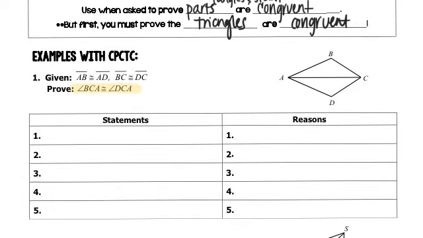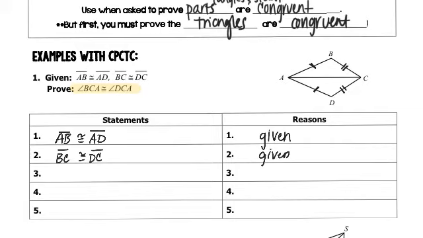So we put our givens. We start with our given AB is congruent to AD, and that's given. And then we have another one, BC is congruent to DC, also given. And we mark that. Now, before we can do anything else, we still need to have three things marked.